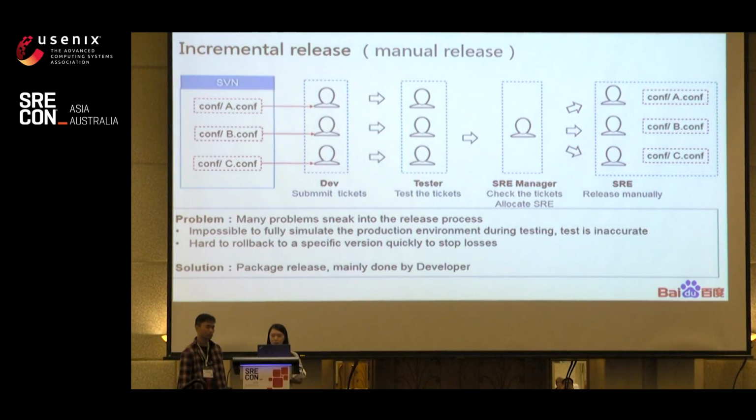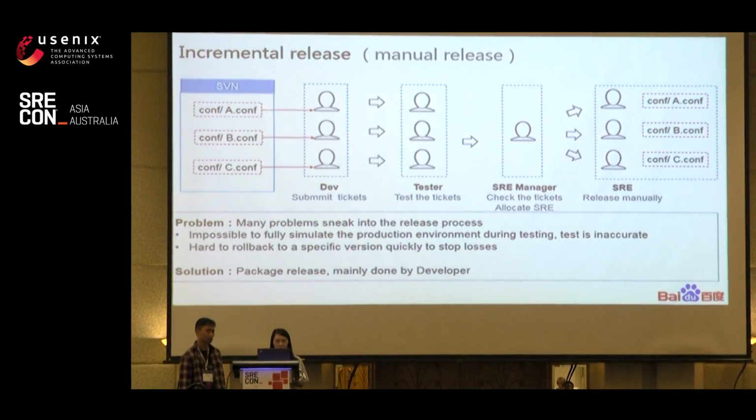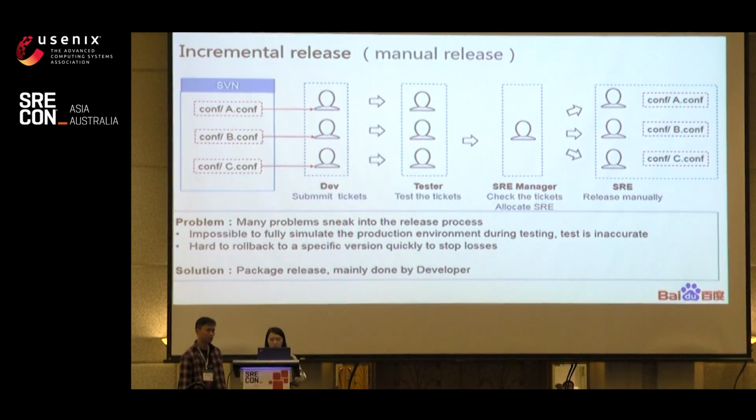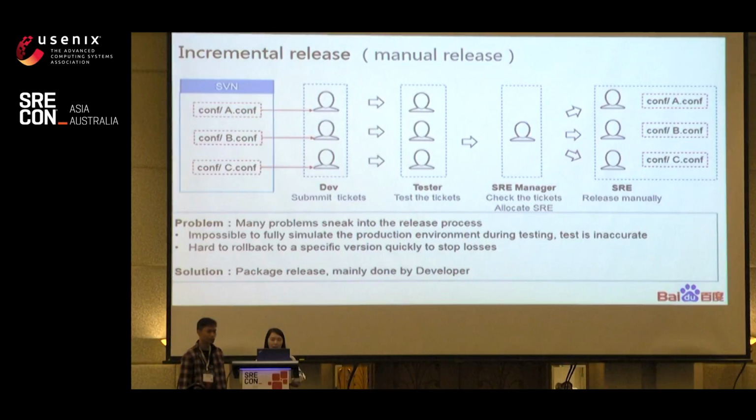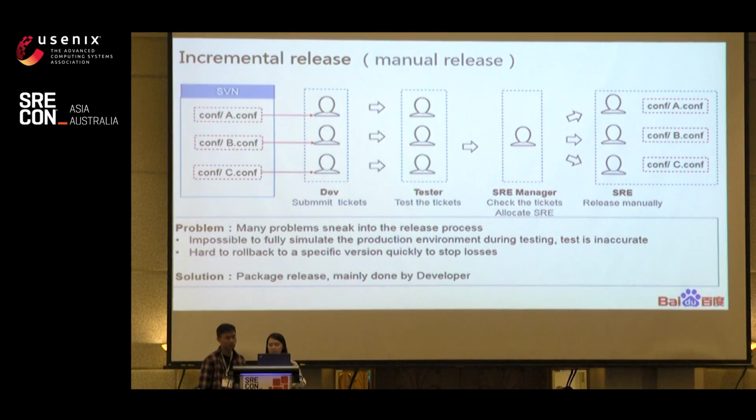In the era of manual release, the release of a program used the incremental release model, not the entire package release. Different developers modify different files and then submit them to different testers and SREs. This brings many problems leaking into the release process.